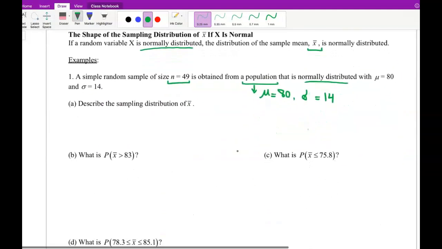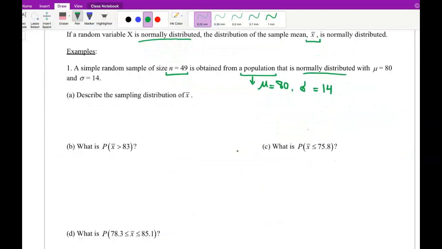Okay, now go back to the second page, example number 1. In this part, we need to describe the sampling distribution of x bar, or sample mean.